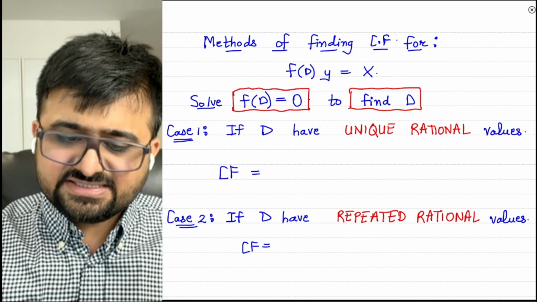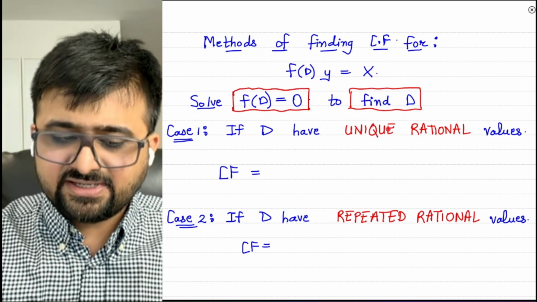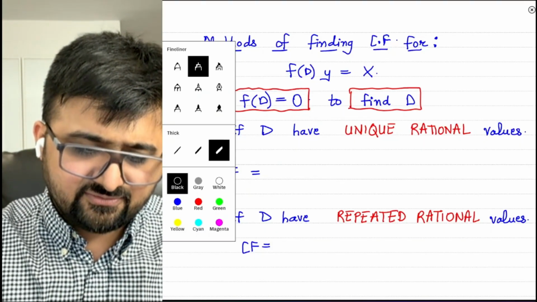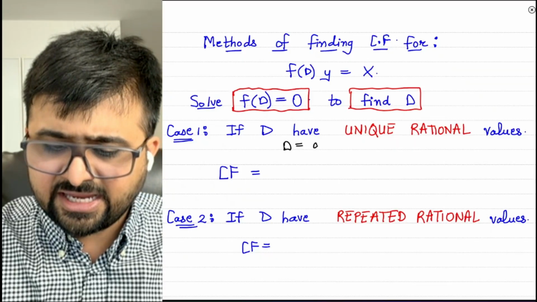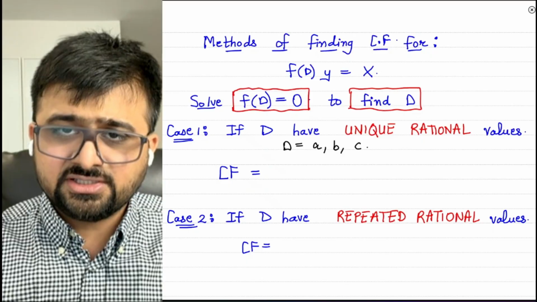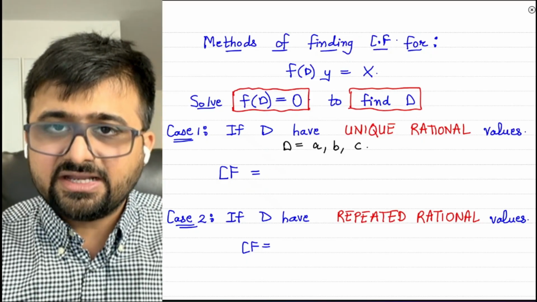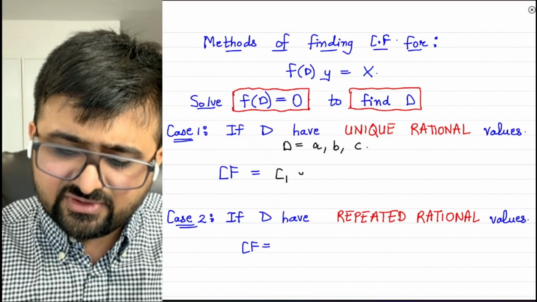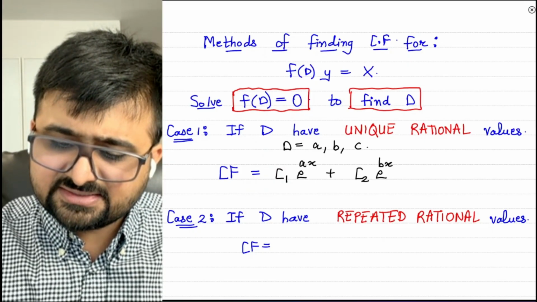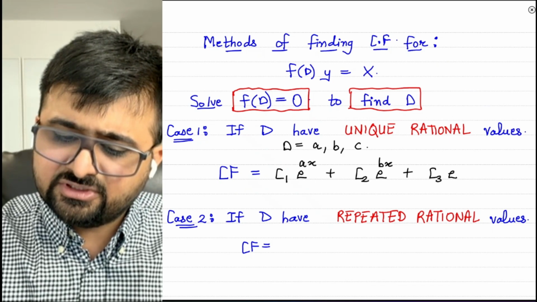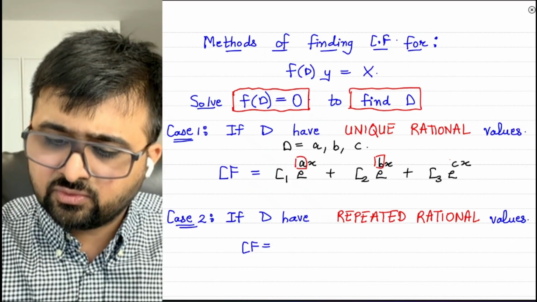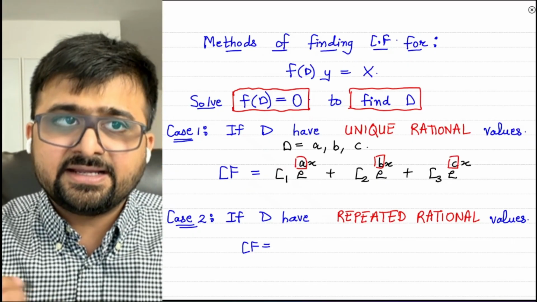For example, if we solve for D and the values we get are unique rational numbers, say a, b, and c, three unique rational values, then the complementary function is given by C1 e^(ax) + C2 e^(bx) + C3 e^(cx), where a, b, and c are the unique rational roots of the auxiliary equation.